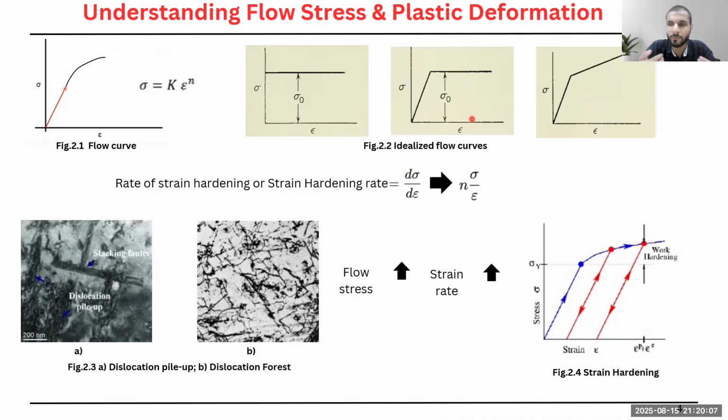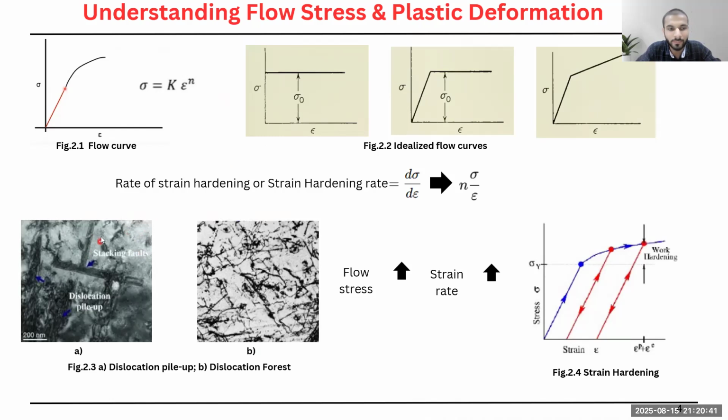So what is this deformation basically? As I increase the flow stress, the value of strain is increasing. This phenomenon is known as strain hardening, due to which, as the material undergoes deformation, dislocations are created and begin to move. Initially, they are free to move, but as the plastic strain continues, the dislocations intersect with each other.